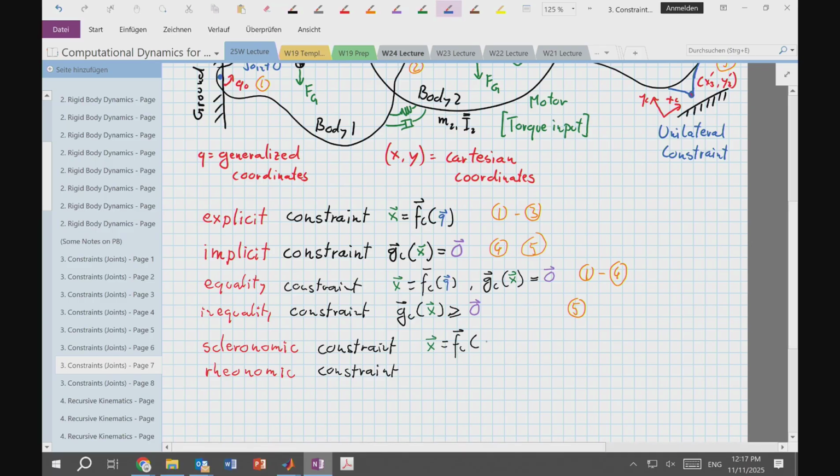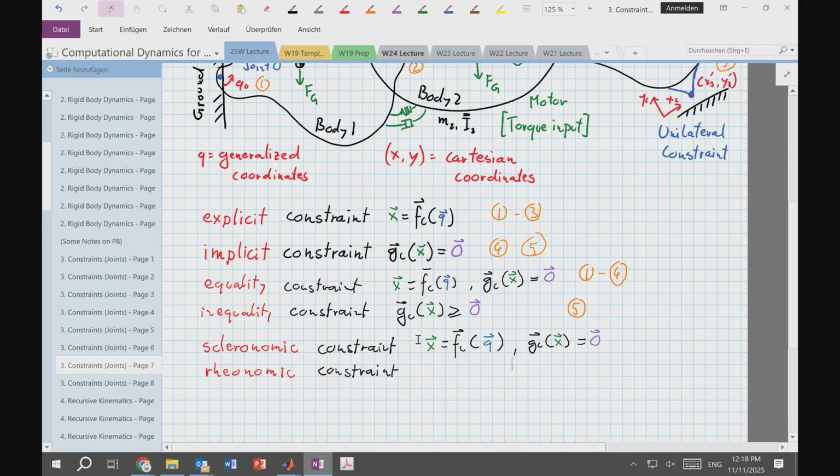And everything that we looked at so far was scleronomic. Time does not show up as an explicit variable. Implicitly, yes, because q and x are functions of time. So this x of t somehow depends on the q of t. But if q doesn't change, x will not change.